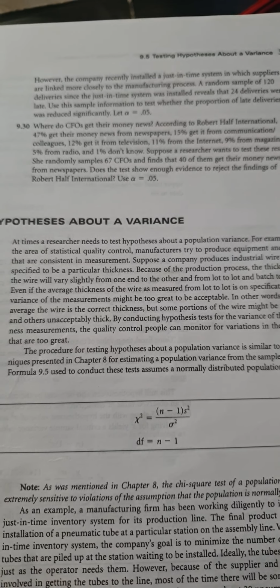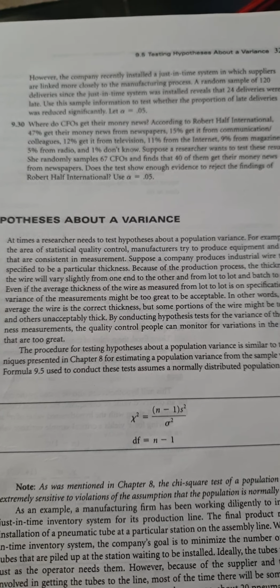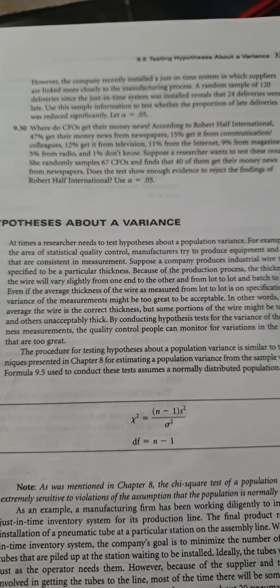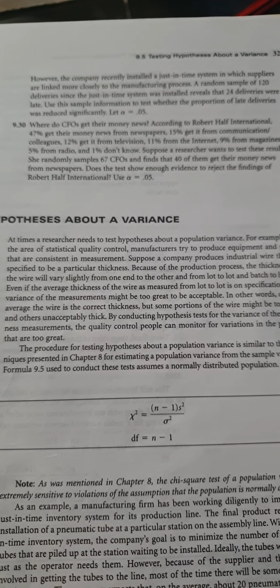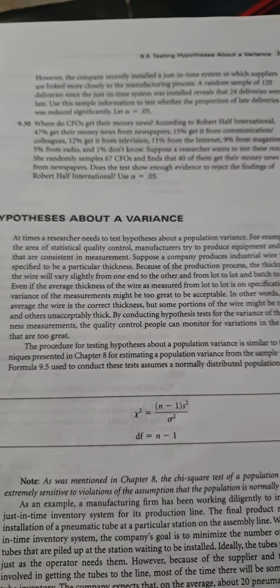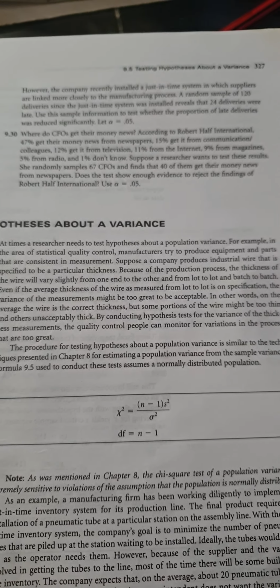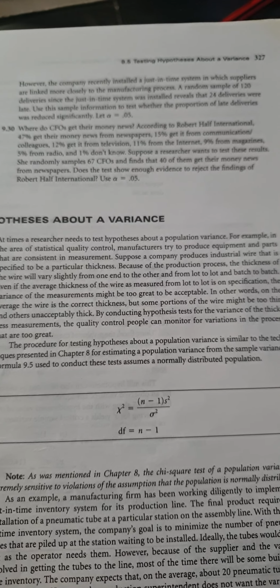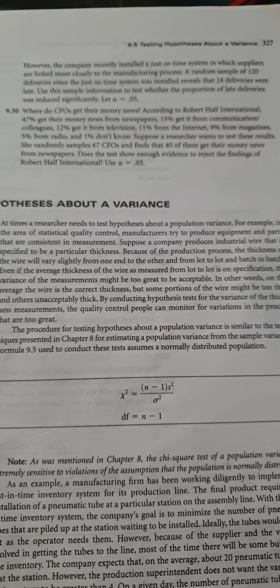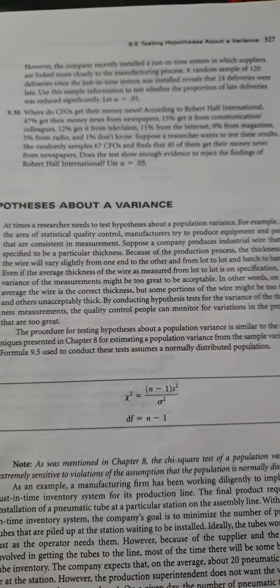A random sample of 120, small n equals 120, deliveries since the just-in-time system was installed reveals that 24 deliveries were late, x equals 24. Use this sample information to test whether the proportion of late deliveries was reduced significantly or not. So it is the case of H1 with a less than case.